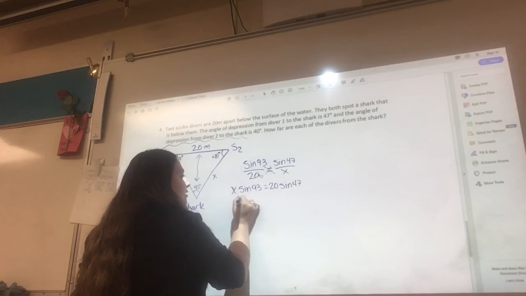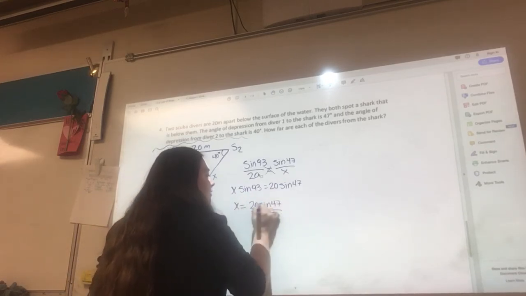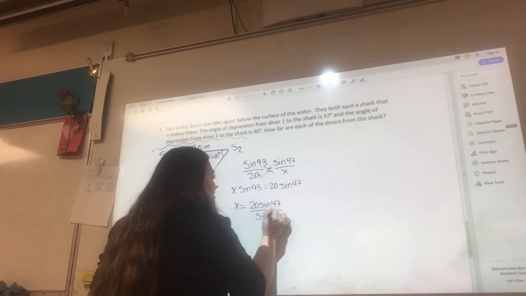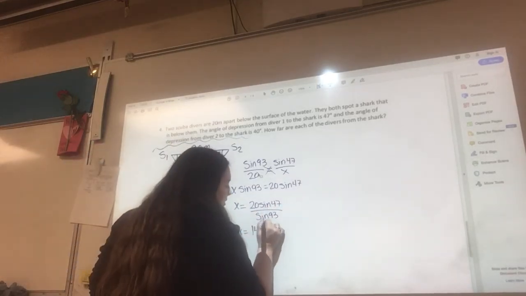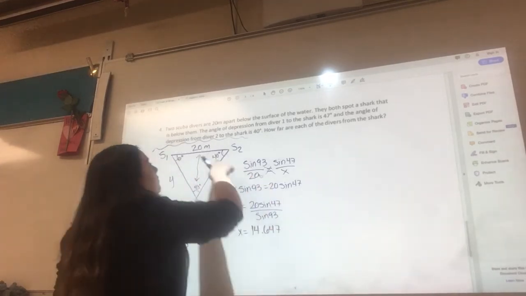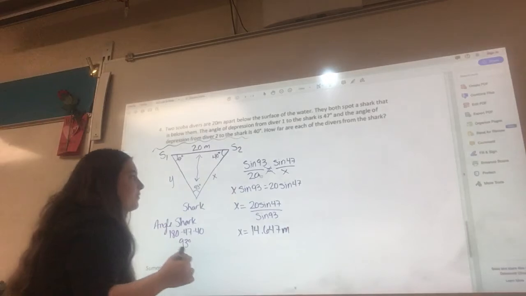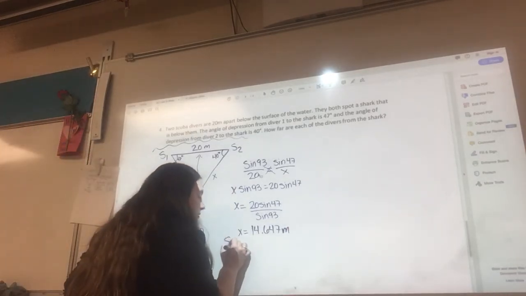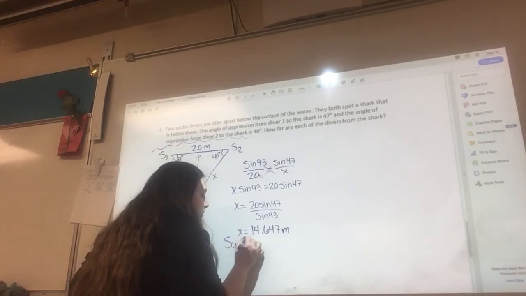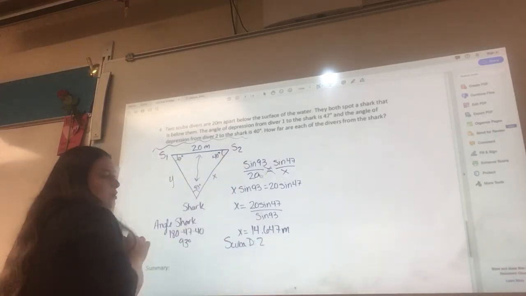Divide by sine of 93. And we're going to see that X equals 14.647, and we were in meters, so meters. So that's how far away scuba diver 2 is, because remember X is from S2 to shark.